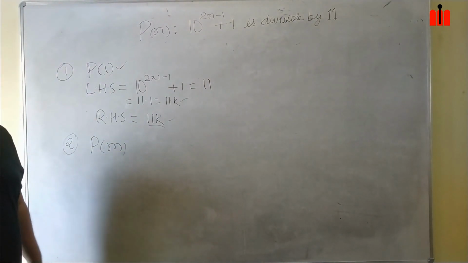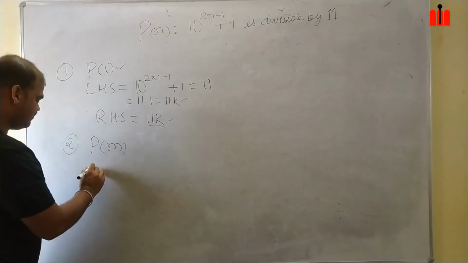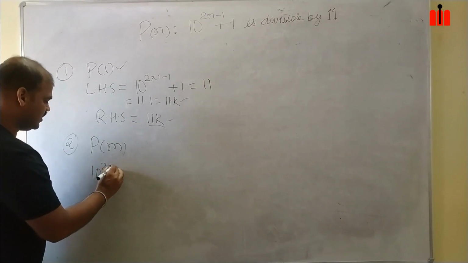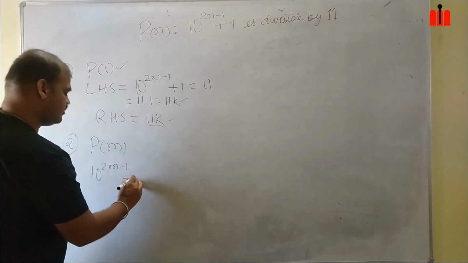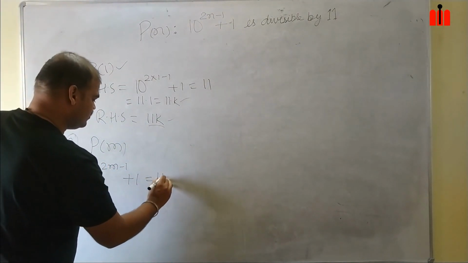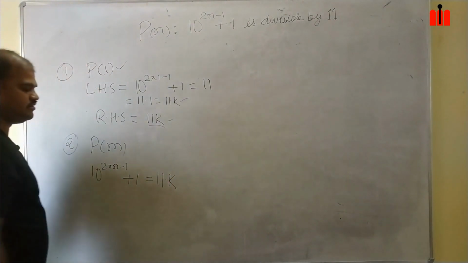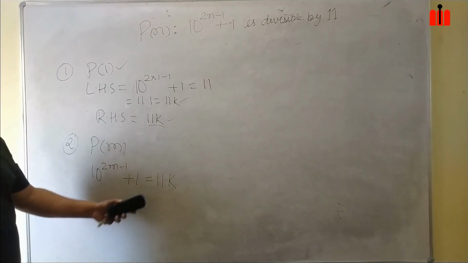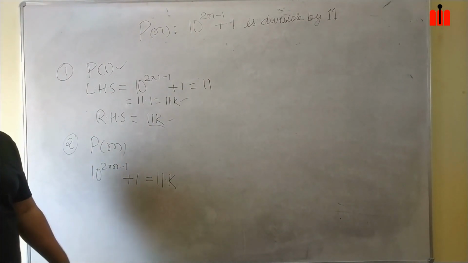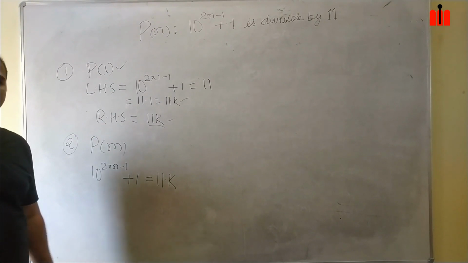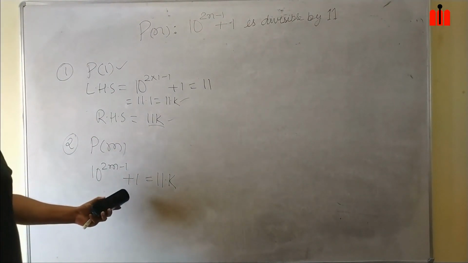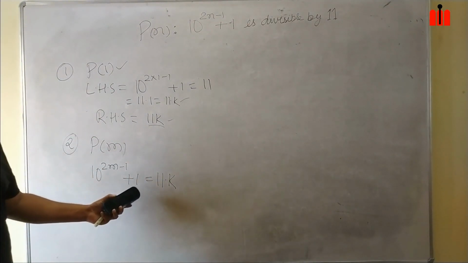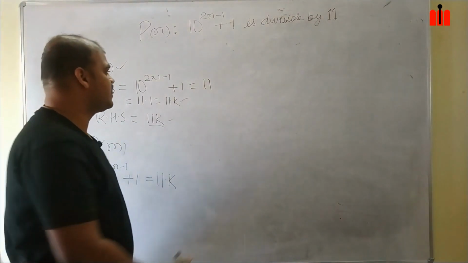Let's write Pm. For Pm I substitute n with m. So 10 to the power of 2m minus 1, plus 1, is equal to 11k. This is divisible by 11, and this is what we are assuming in our Pm statement.